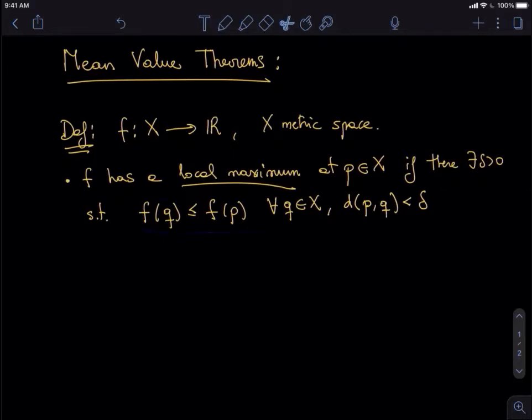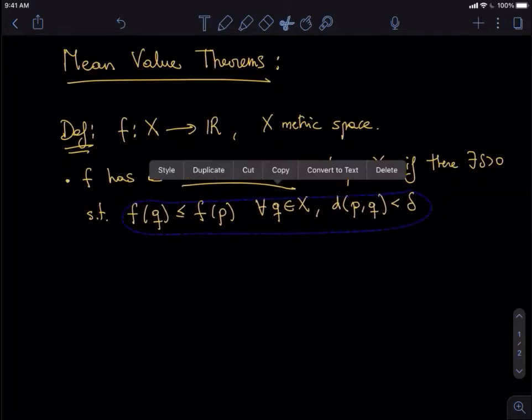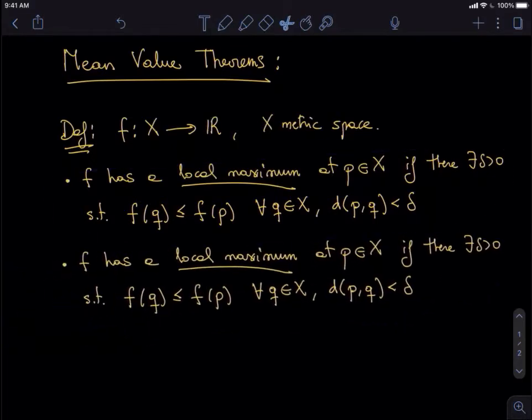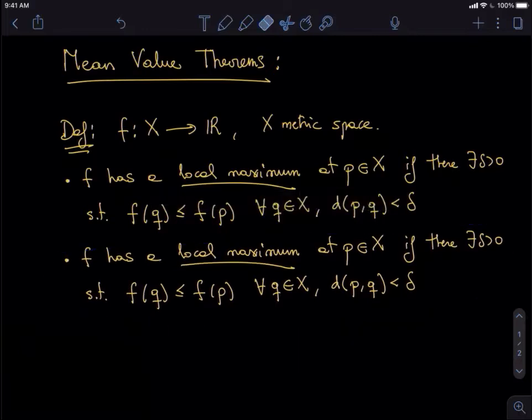And similarly, we can define a local minimum if the function is bigger or equal around the point P in a neighborhood.